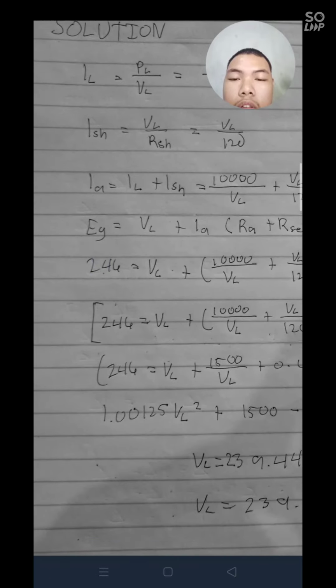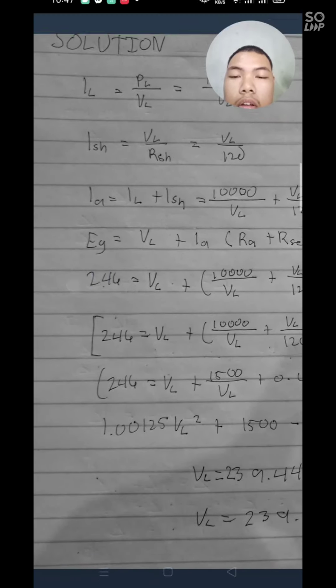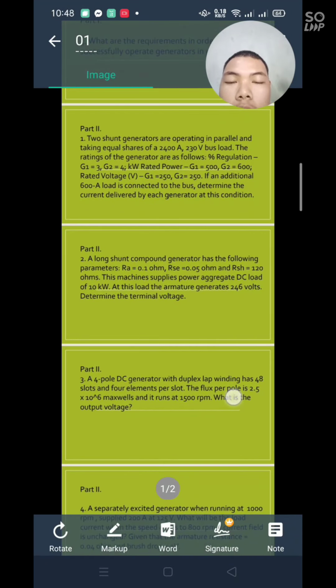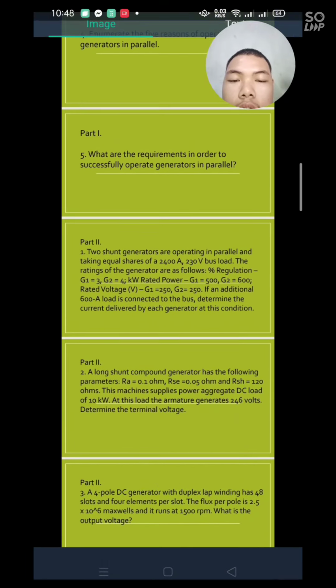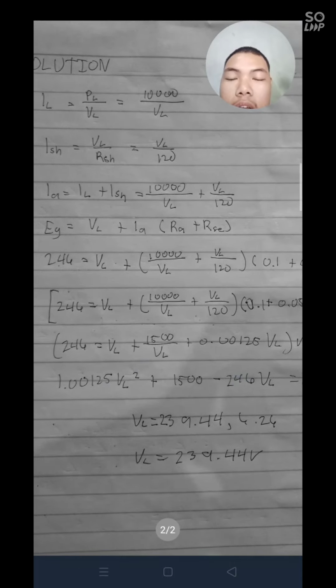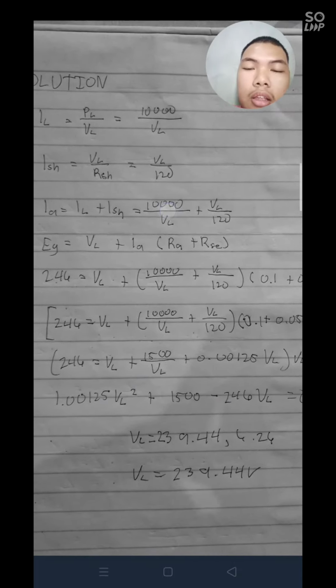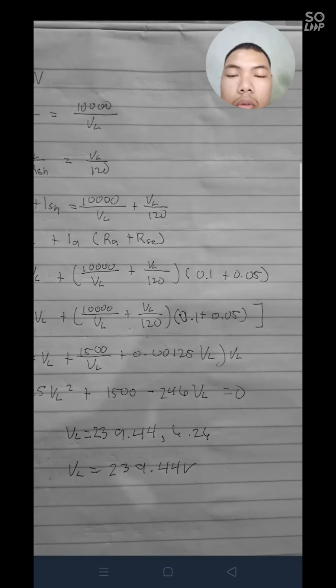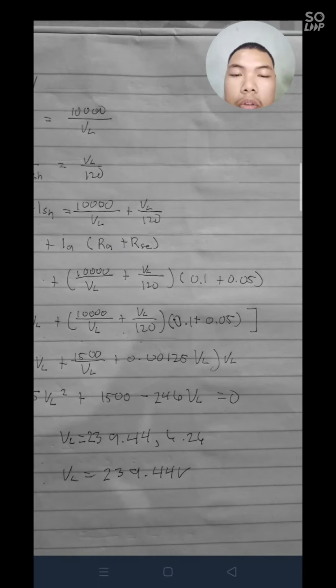So we have 246 volts, so equals VL plus the IA, which is the one we got earlier, 10,000 over VL plus VL over 120, times 0.1 for RA and 0.05 for RSE.